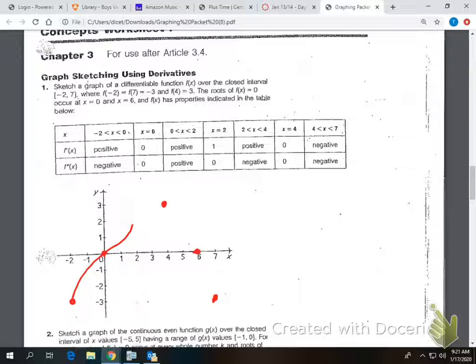Now look what happens. At x equals 2, look what it says the derivative is, 1. That means I'm going to have a tangent line with the slope of 1. But then look. The second derivative is 0, and then look to the left and right.